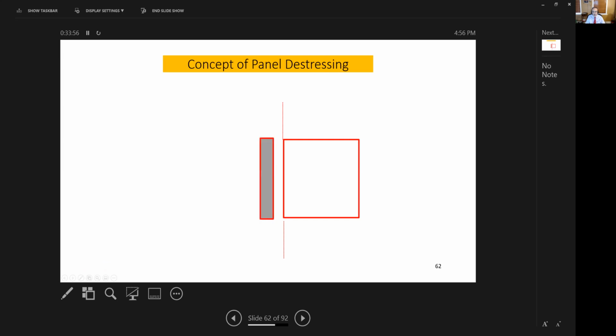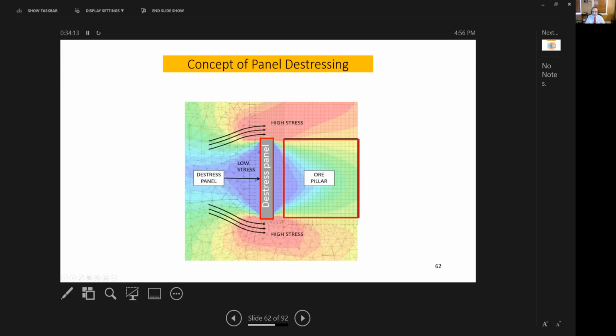We have an ore pillar that is prone to burst, and there's evidence of strong seismic activities or damage. So we decided to do a panel distress, and this large panel will create a stress shadow and shield the ore pillar, to enable its extraction.